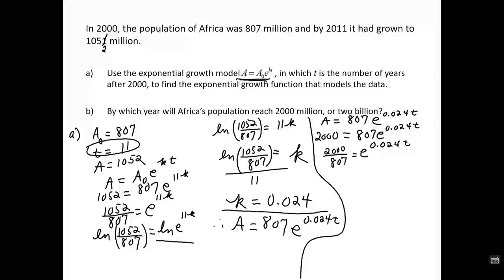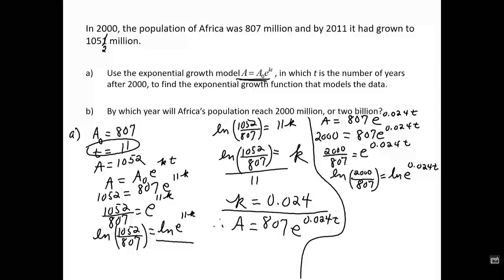We want to take the natural log of both sides of the equation. So the natural log of 2,000 divided by 807 is equal to, again, the natural log of e raised to the 0.024 times t.